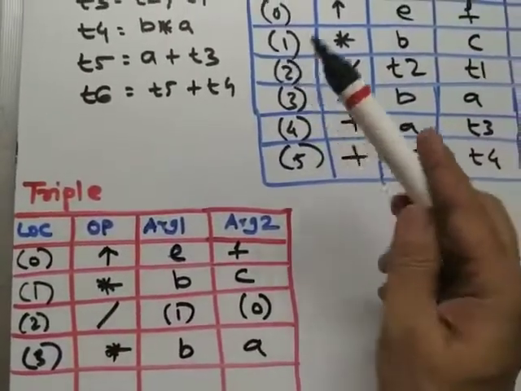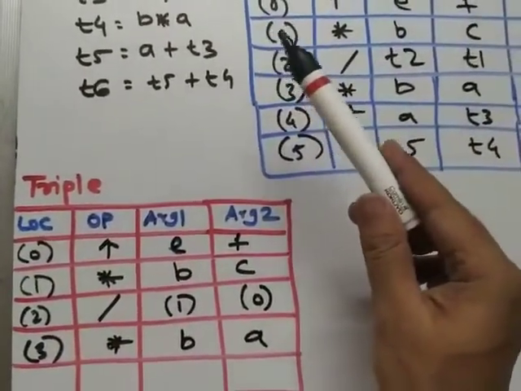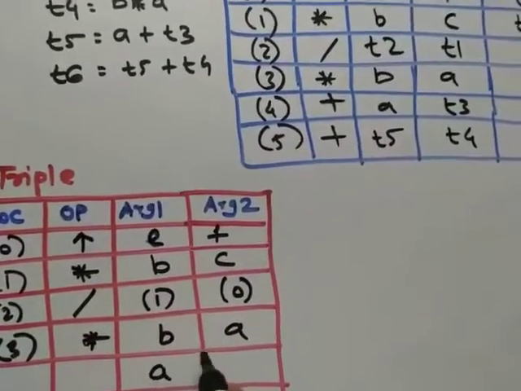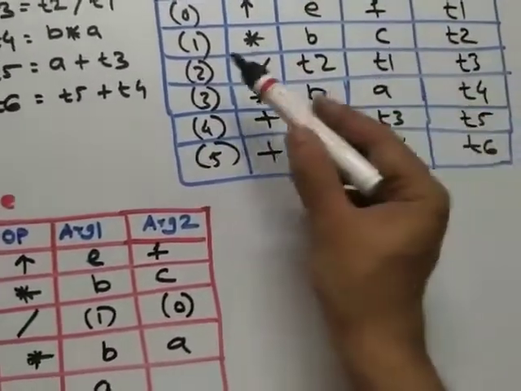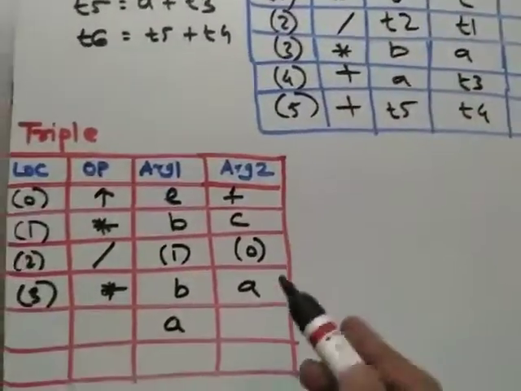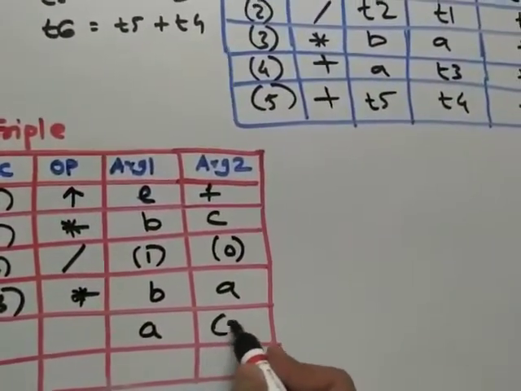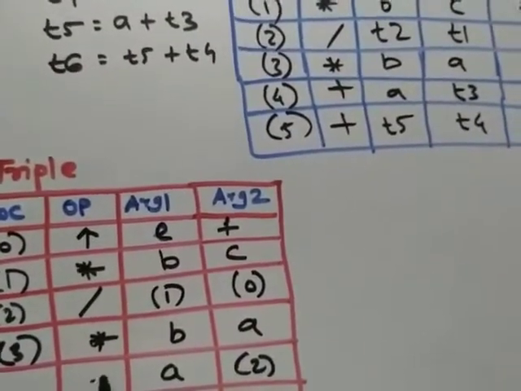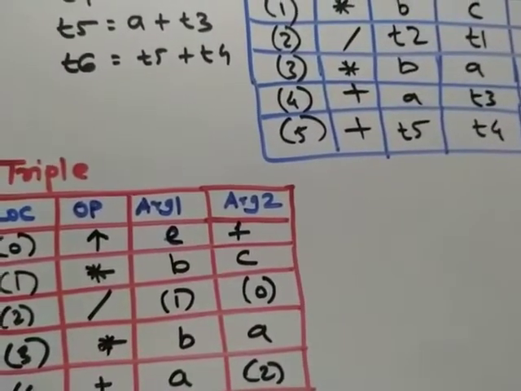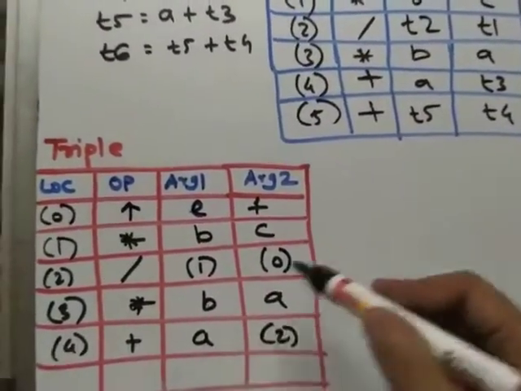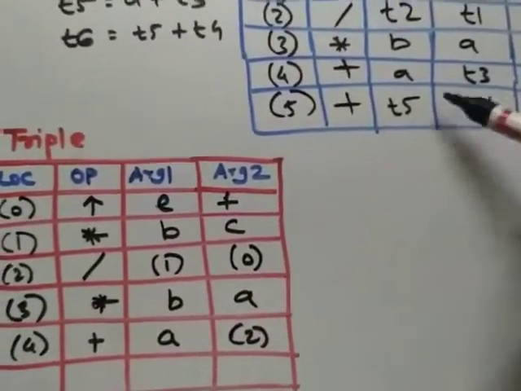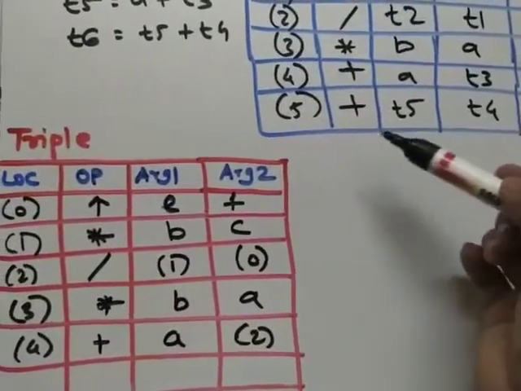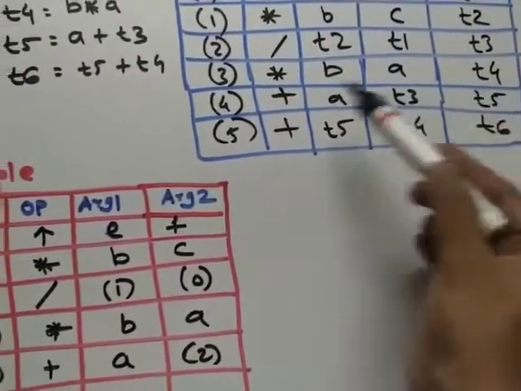Next will be a plus t3. So a we write as the first argument. Now see t3, where is t3 present? t3 is present at 2. So let's write that location 2 over here, and we have addition of both. And at last, fifth, it is t5 plus t4. So what is t5? t5 is nothing but 4.